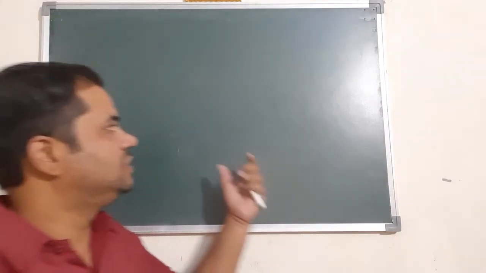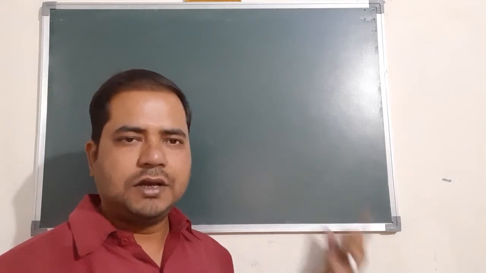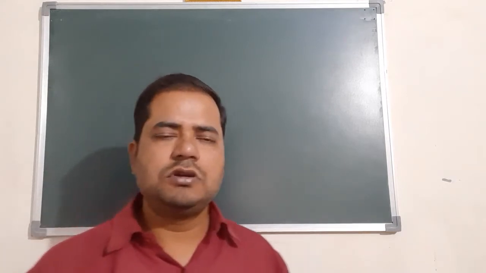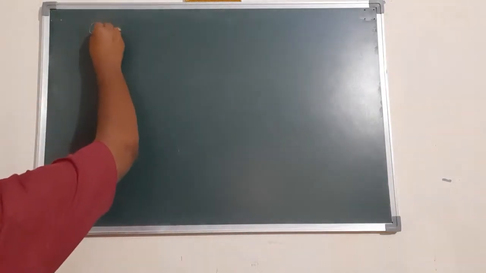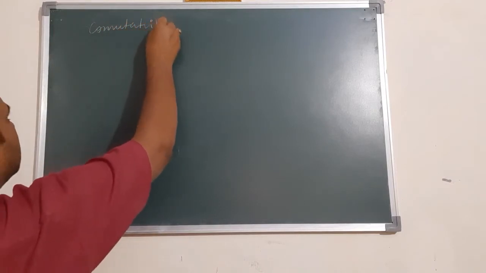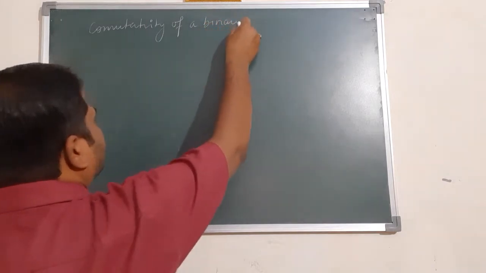Okay, what we had to discuss here is actually the closure law as well as the definition of binary operation. Now we are going to discuss the commutativity of a binary operation.